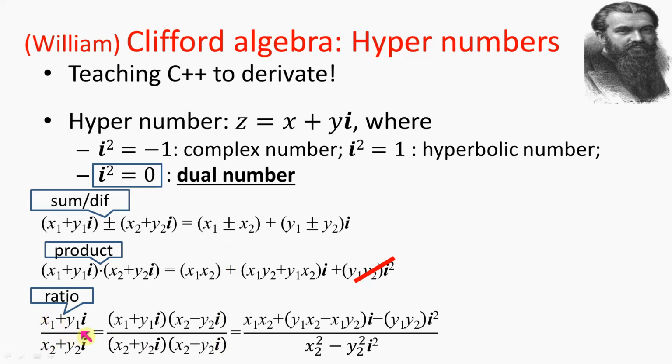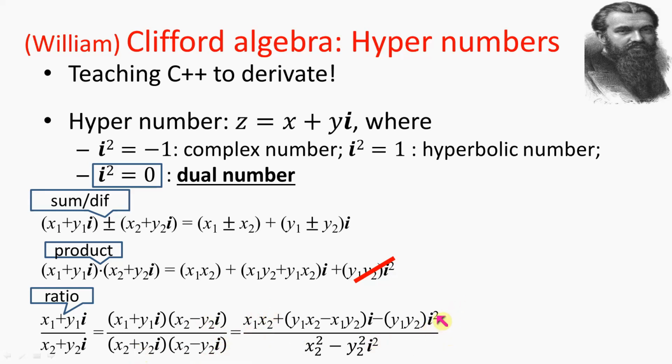So when one hypernumber is divided with another hypernumber, we multiply both the numerator and the denominator with the conjugate of the denominator, and then using the distributive law, both the numerator and the denominator can be rearranged.